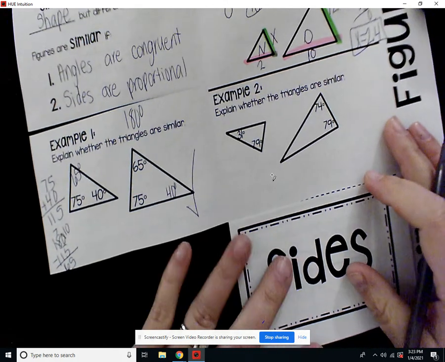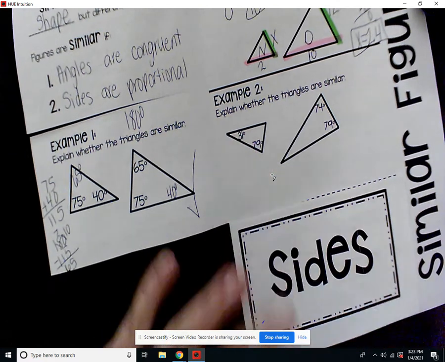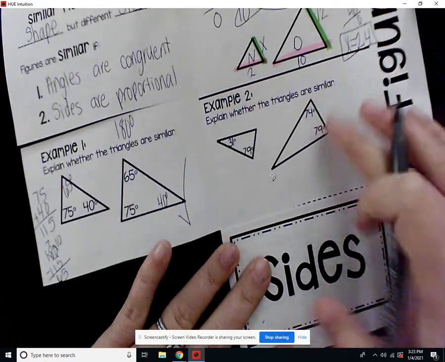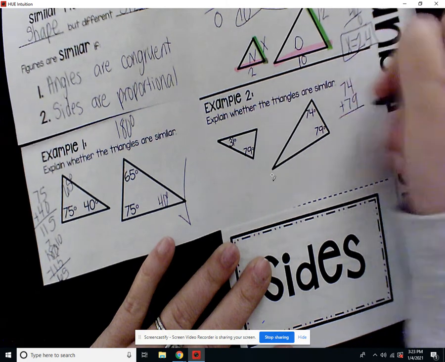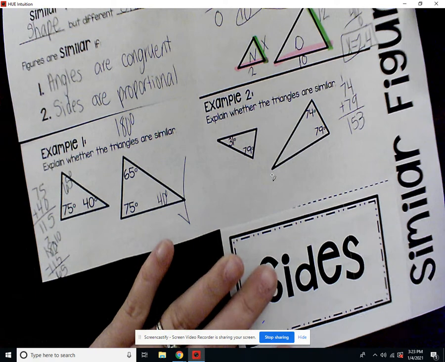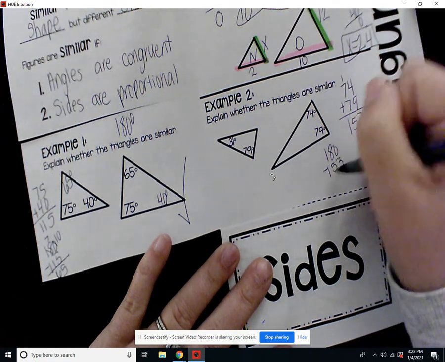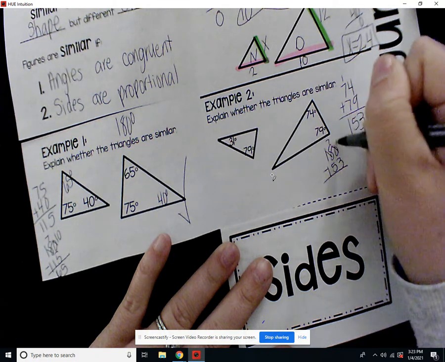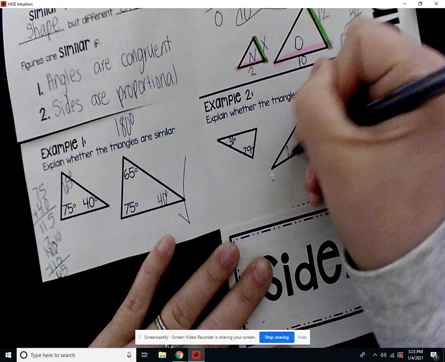Okay, so now we're going to do our other figure. Same thing, we'll just pick, let's do the big one this time. We have 74 and 79, so we're going to add those together, which is 153. Then again, take 180 minus 153. We'll subtract them. We get 27.